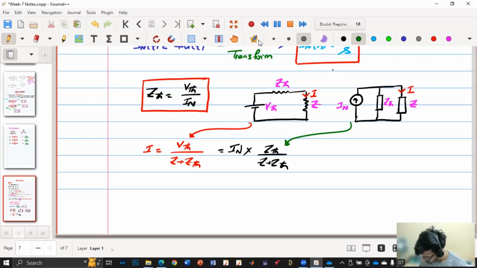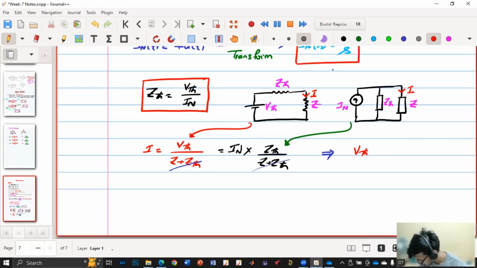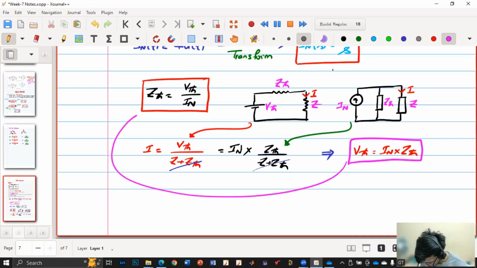If I cancel these, I'll be left with VTH equals I Norton into ZTH. This is the relation between these two, which someone has also pointed out. From there, we'll get the ZTH.